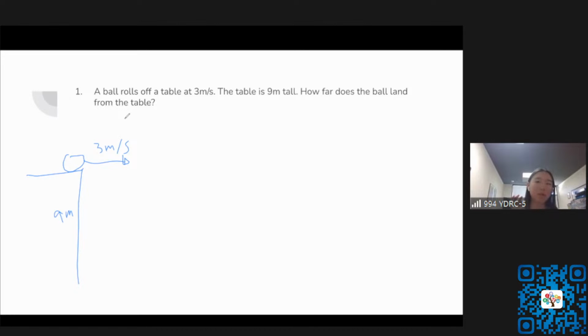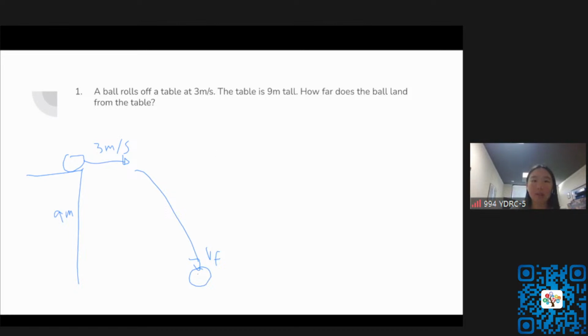For those who don't know where to start, first start by getting the final velocity it takes to get here. Calculate the velocity when it hits the ground. What is v final right before it hits the ground?